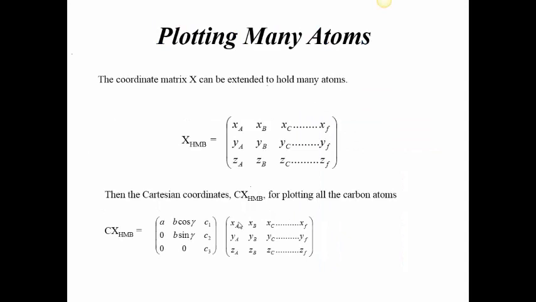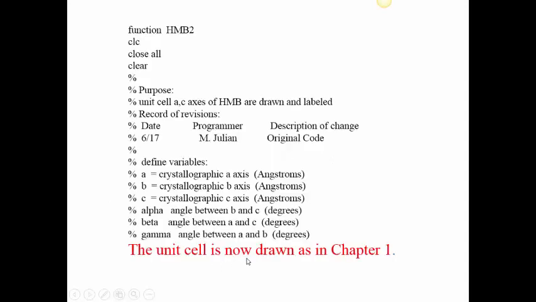To remind you what you're really doing, we'll review this. Here's your coordinate matrix. You're setting your atoms, so you'll have in effect all 12 of your atoms in a single matrix. Then you'll be preparing that matrix to be plotted. So you'll take the C matrix, which converts the fractional coordinates to coordinates that can be plotted.